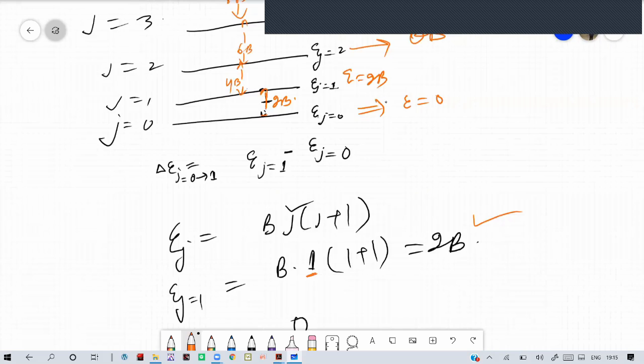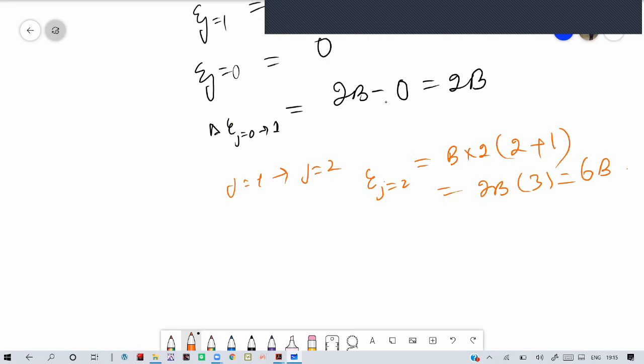The trend is nu bar, the wave number, for J to J plus 1 in general, from any J level to J plus 1. So we have B J into J plus 1.